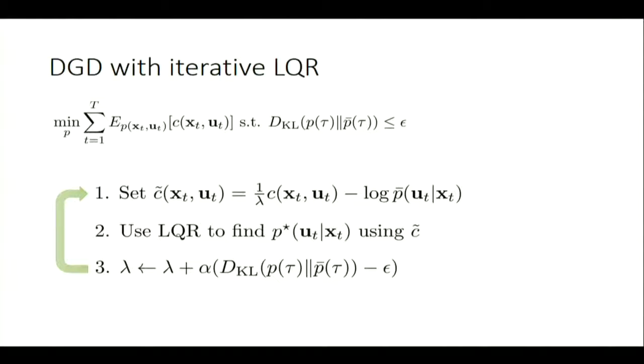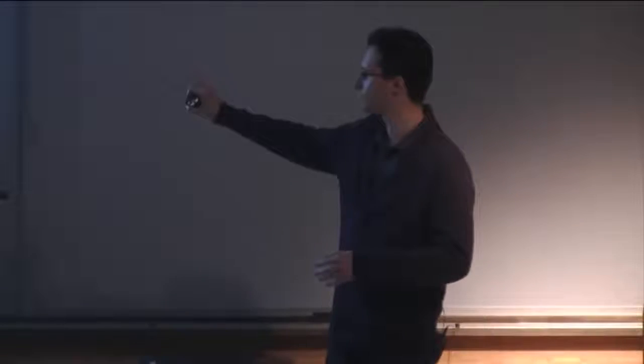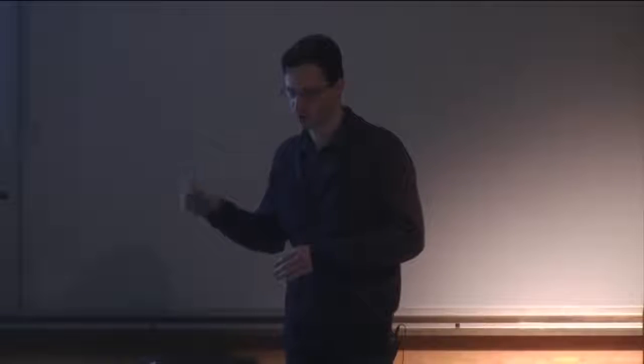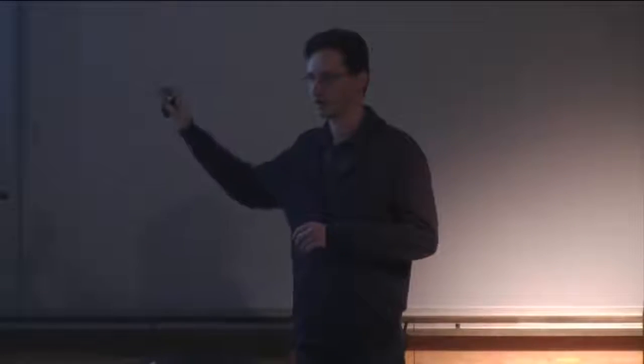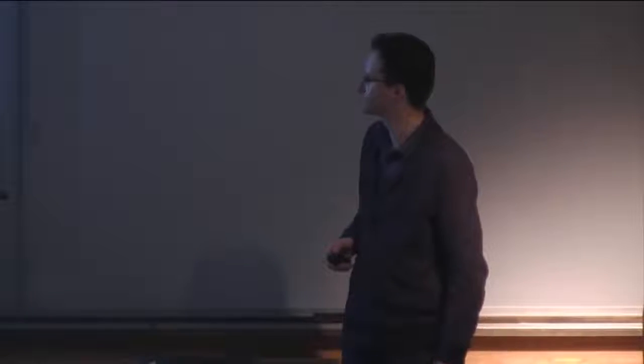This will get us a new controller where the resulting trajectory distribution is within some epsilon of the old trajectory distribution. So this is for linear Gaussian controllers. For more complex neural network policies, we'll see how we could do this later on in the course. But this we can use for the local models method, and that'll keep us close to the old policy.